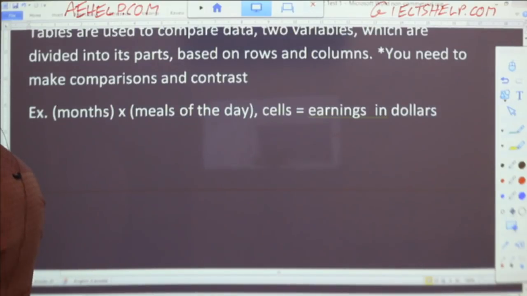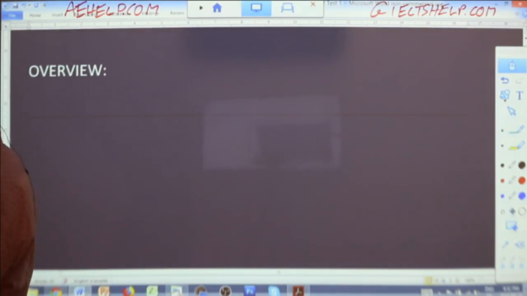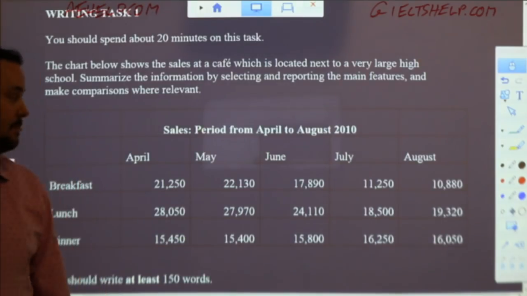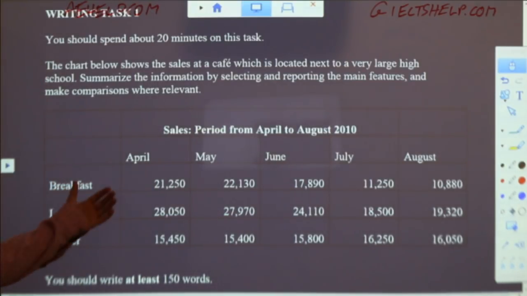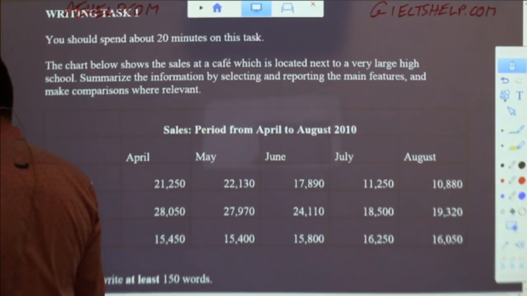So it's the overview, okay? And in the overview here, I want to keep it very, very simple, okay? So looking at the table, just report the highest and the lowest sale cell, or you can go for the highest and the lowest sale months if you want, and report what you're looking at, the rows and the columns, right? And of course, do some paraphrasing.